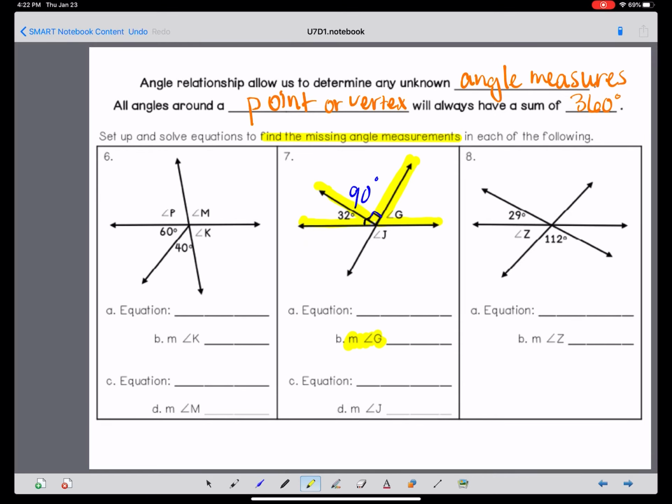So if I do 32 degrees plus 90 degrees plus my angle G, they all need to equal 180 degrees because we have a straight line here. So let's combine 32 plus 90, and then we will subtract that number from 180. 32 plus 90 gives me 122.